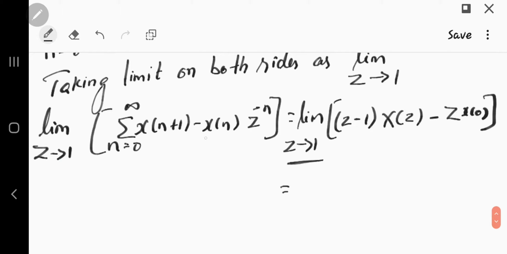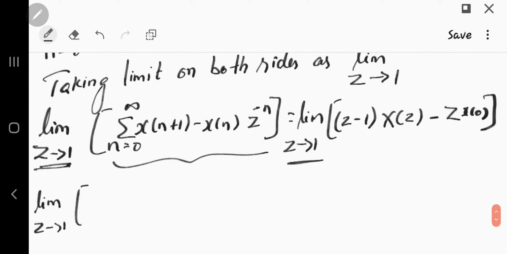If you see this, z is equal to 1, so this will be 1 to the power of minus n, and if you apply the values from 0 to infinity, at some point it will take x of infinity and x of infinity plus 1, and here it will be 1 to the power of minus infinity. So that means you will get x of infinity itself, x of infinity all the way.